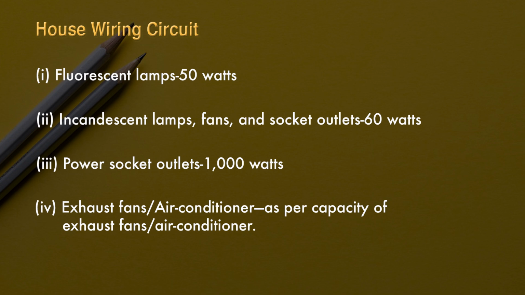Suppose we are using a 1.5 ton air conditioner. A 1.5 ton AC is generally equivalent to 2 kilowatt. If you want to see how much power is consumed by the air conditioner or exhaust fan, you can read the plate on the AC, which mentions how much power will be consumed.